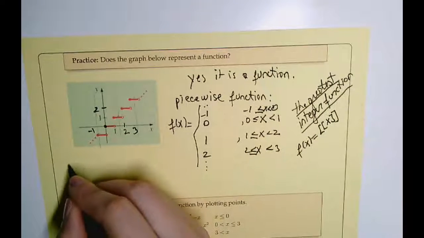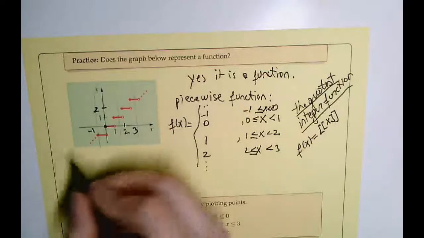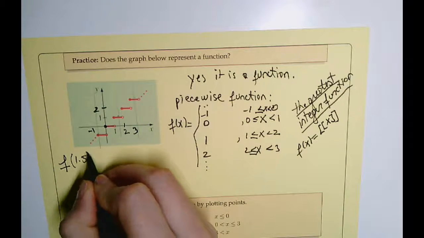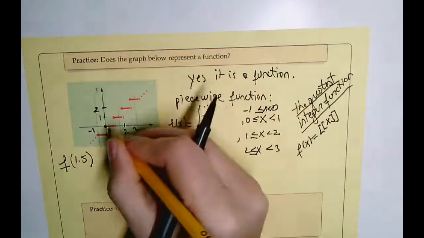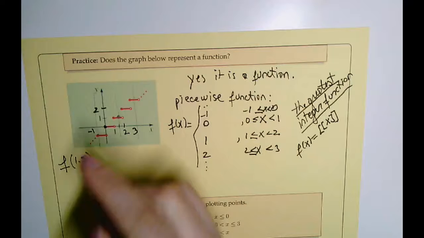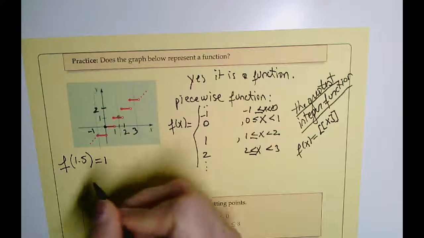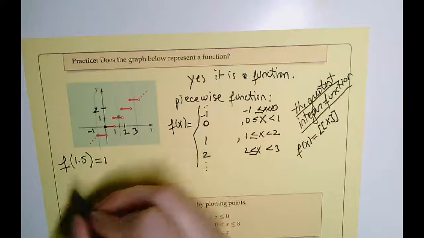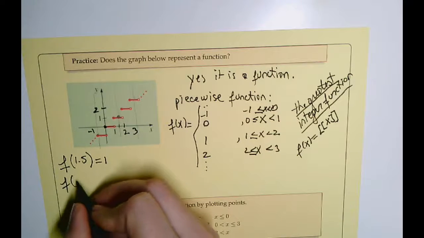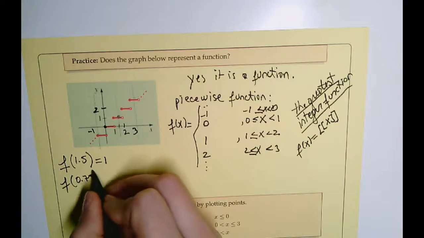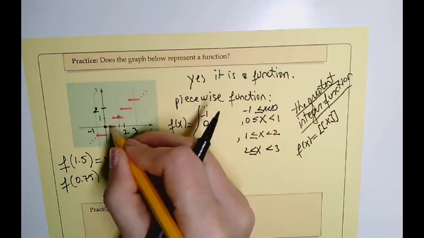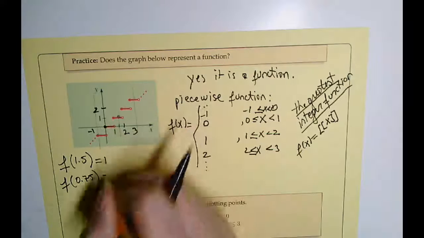So for example, why is it called the greatest integer function? If I want to calculate what is f of 1.5, I look at 1.5, it is in between here. What is its value? It's 1. What if I look at f of 0.75? Well, f of 0.75 is 0.